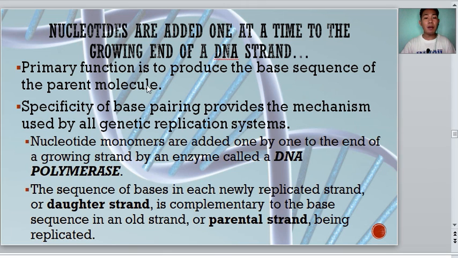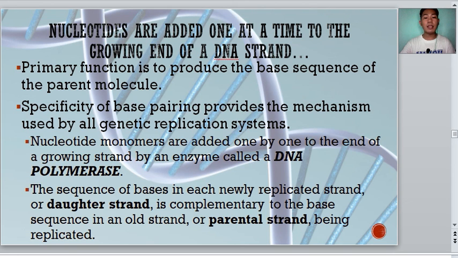So the primary function is to reproduce the base sequence of the parent molecule, and the specificity of base pairing provides the mechanism used by all genetic replication systems. The nucleotide monomers usually are added one by one to the end of a growing strand by an enzyme called the DNA polymerase.